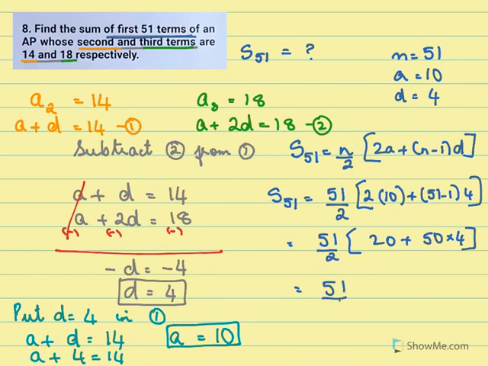So 51 over 2, 20 plus 200. So which is now 51 over 2 into 220. You solve this and you get your answer as 5610. That is the sum of 51 terms of this AP.